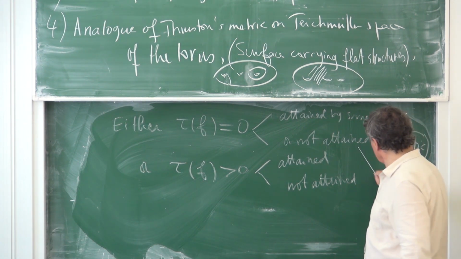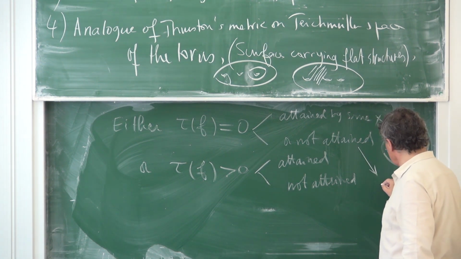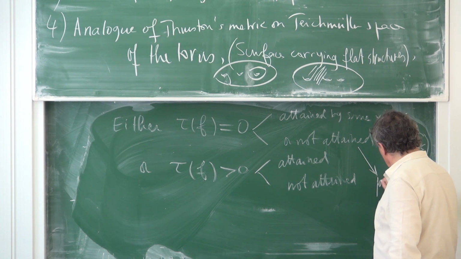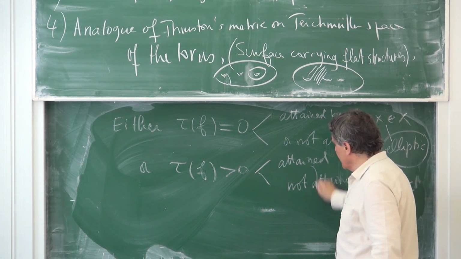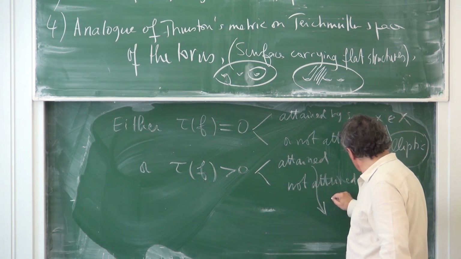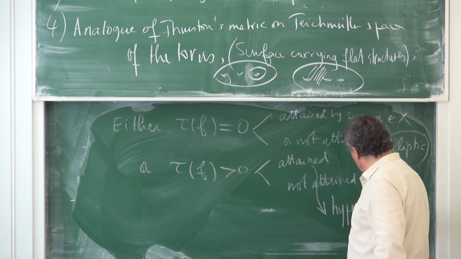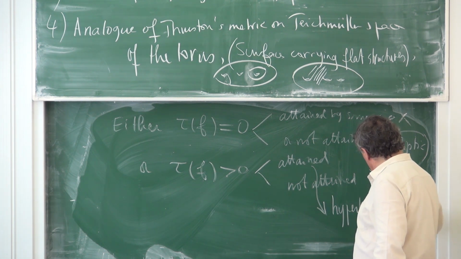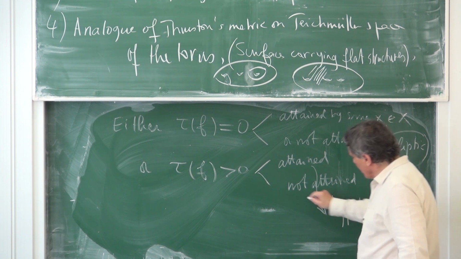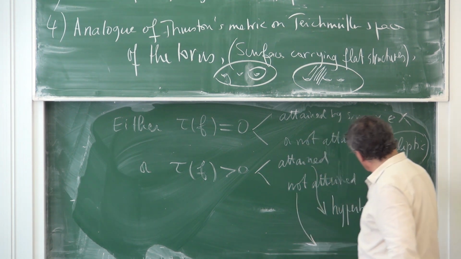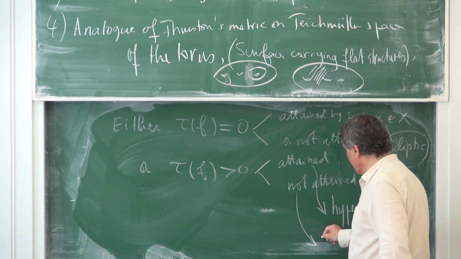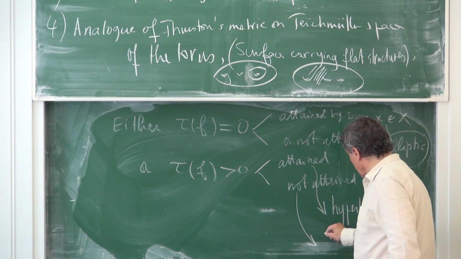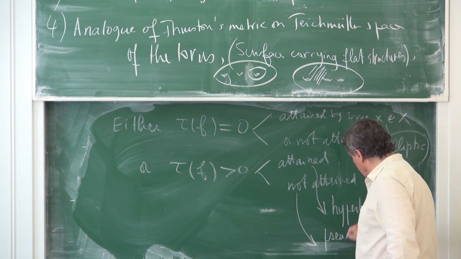In this case, the usual terminology is that it is parabolic. You see, it's like in isometries of hyperbolic space. This is called hyperbolic. So these are the three cases for isometries of the hyperbolic plane. But here we have an additional one. This is called pseudo-hyperbolic.